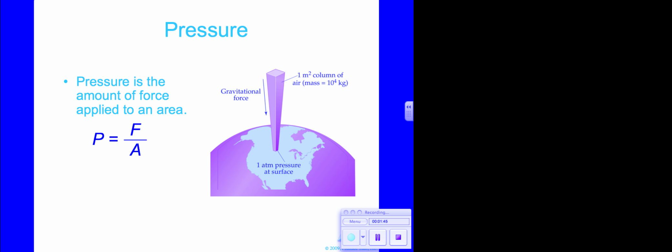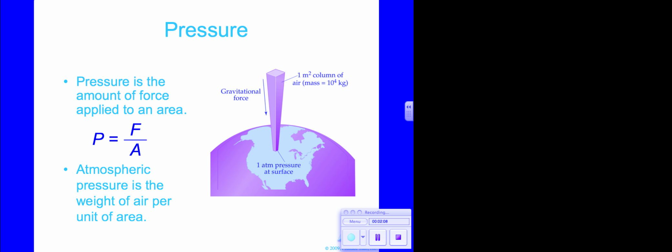Gravity is pulling on those air particles, and they push down with a certain amount of force. The force gets greater the closer you get to the surface of the Earth, because there's more air particles packed in near the surface versus up at the top. So atmospheric pressure is this weight of air per unit of area.